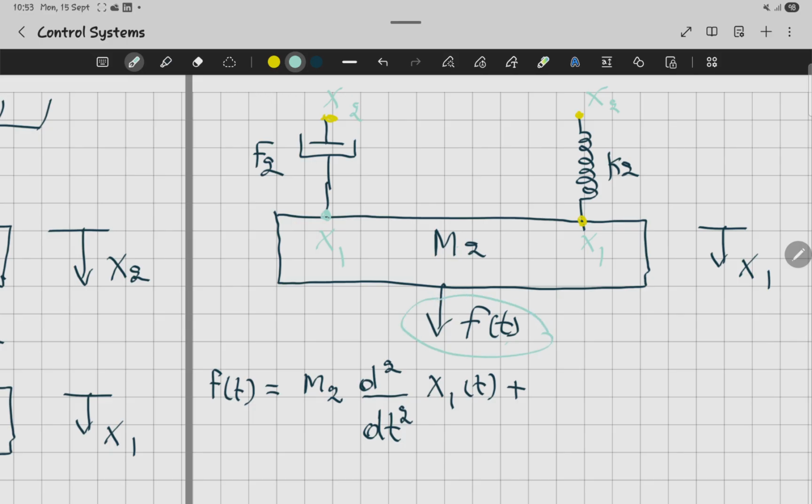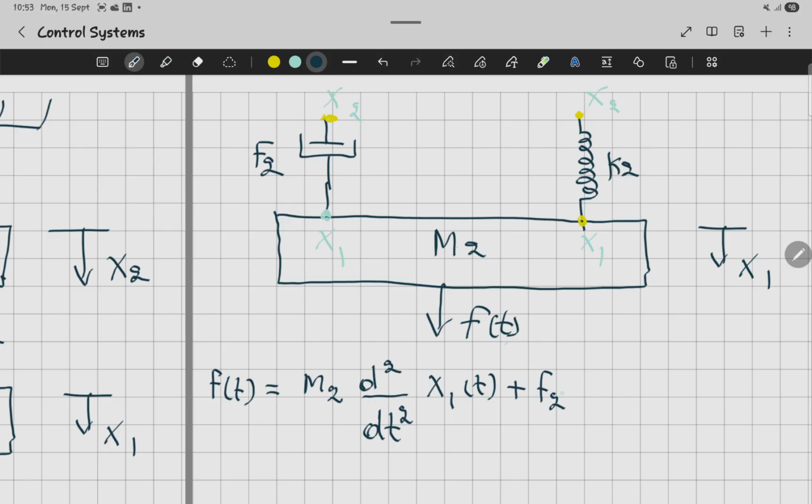So ft is equal to m plus f2 plus k2. We're going to add these three and it will be equal to f. So in short, we get this equation.